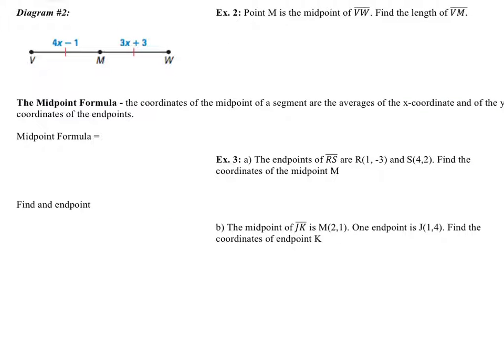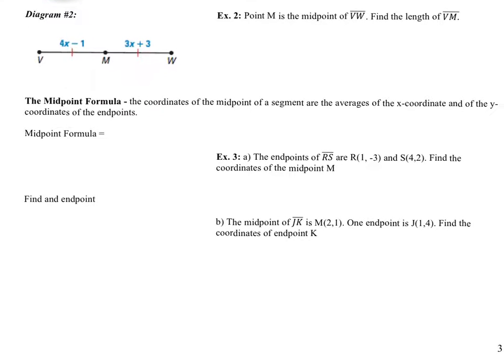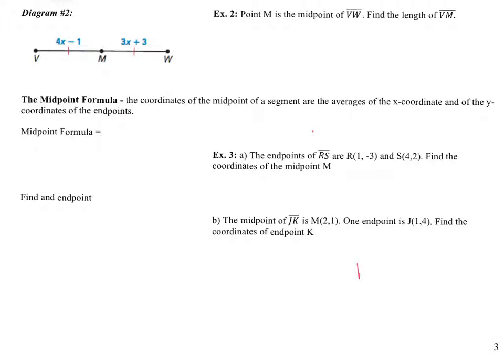So, looking at our second example, diagram 2, example number 2, we have point M is the midpoint of VW. Find the length of VW. If I was doing this normally, I would say our total length, which is VW, equals VM plus MW.